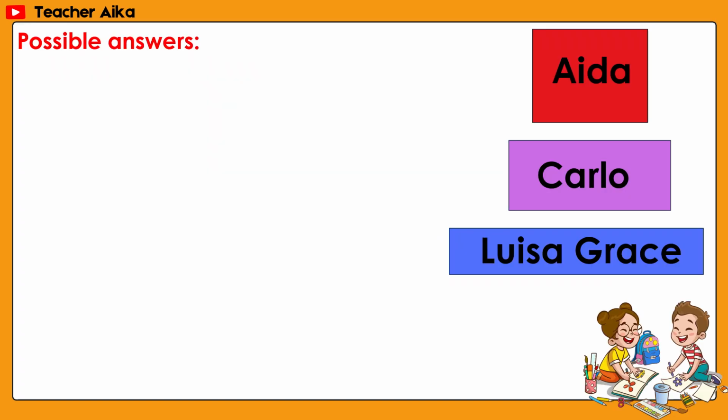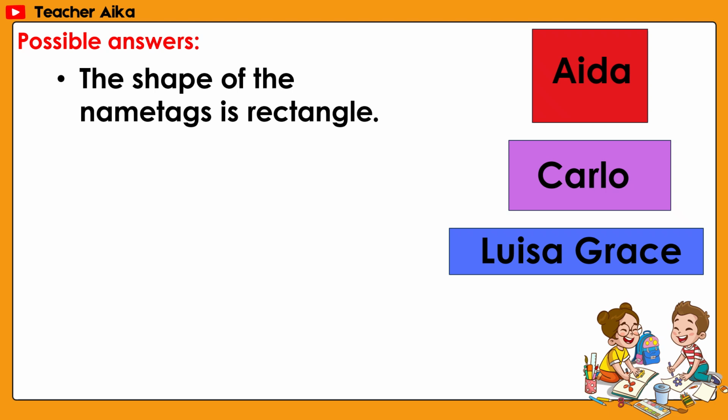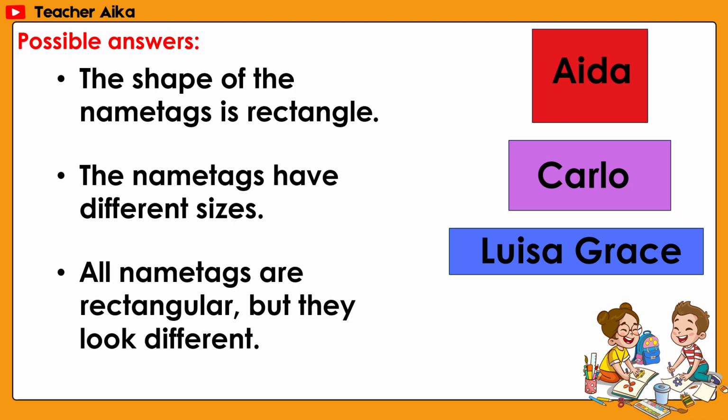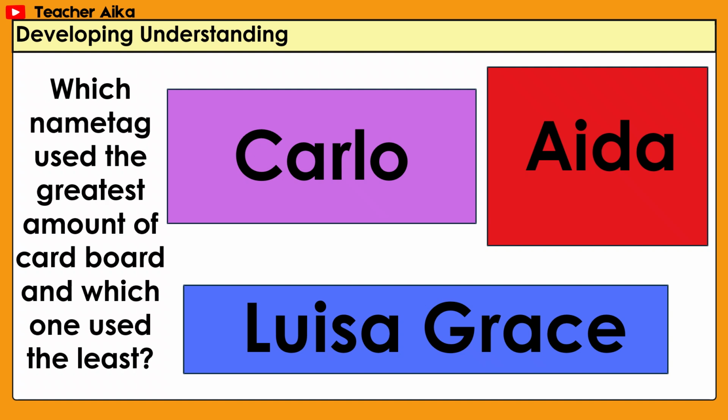Possible answers. The shape of the name tags is rectangle. The name tags have different sizes. All name tags are rectangular, but they look different. Which name tag used the greatest amount of cardboard and which one used the least?